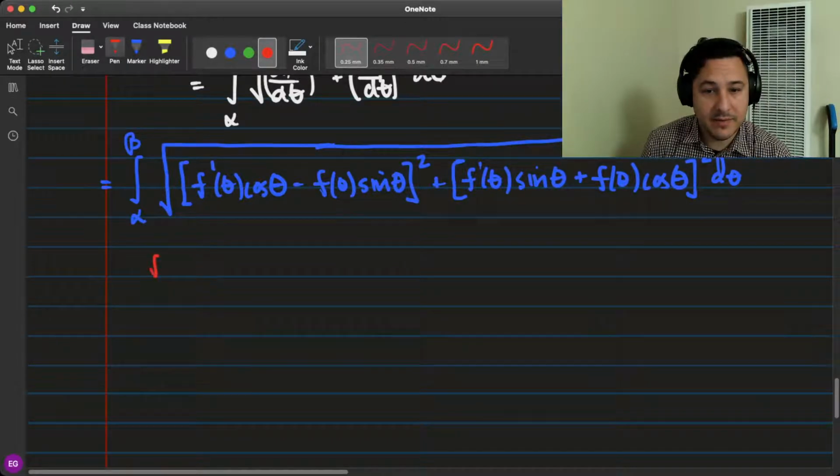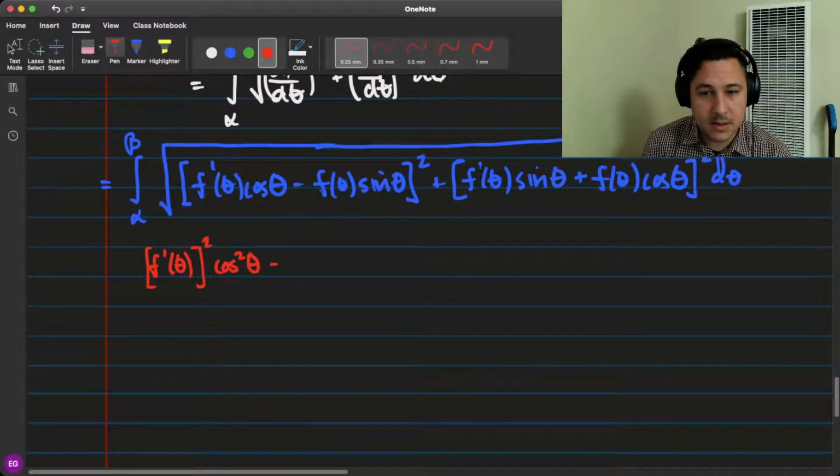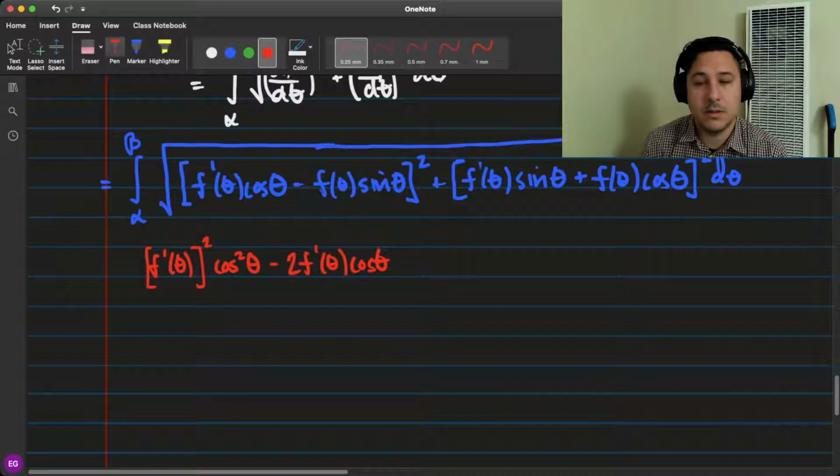So we're gonna have f prime theta squared cosine squared theta minus 2 f prime theta cosine theta. So we're going to do this one here first, the one on the left.